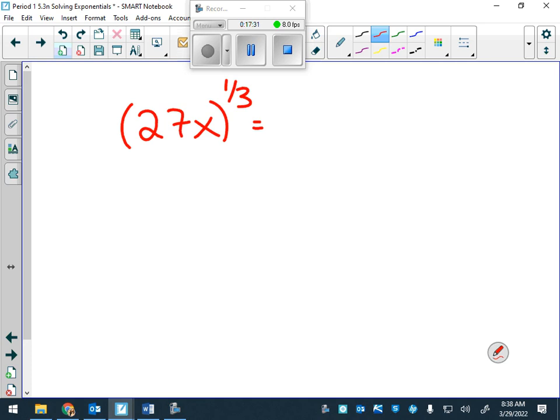Yeah. Cube root of 27x. Now, can you simplify anything in here? See a lot of head shaking. Nick? Good. So the cube root of 27 is what? Can I do anything with the cube root of x? No. So this is your final answer.